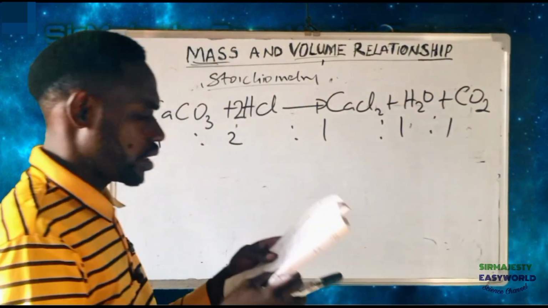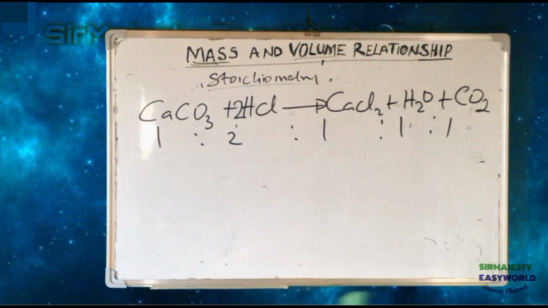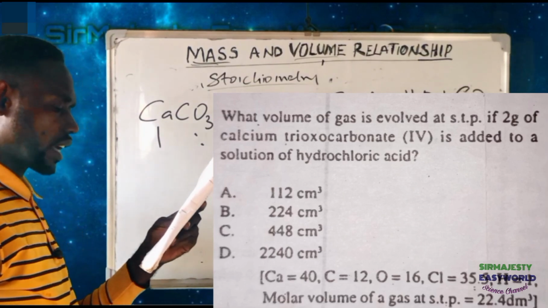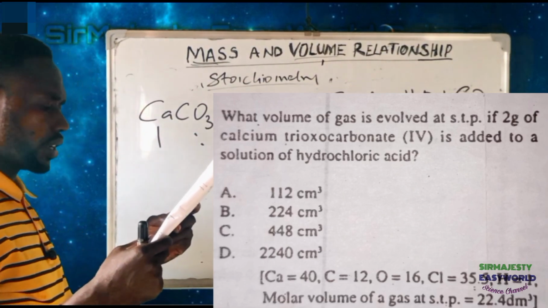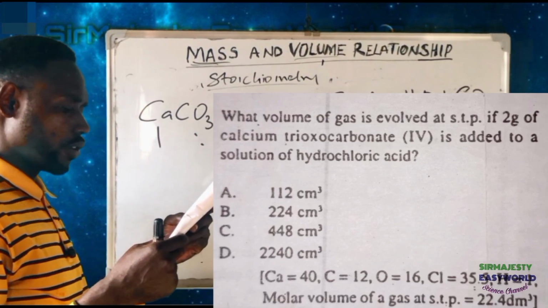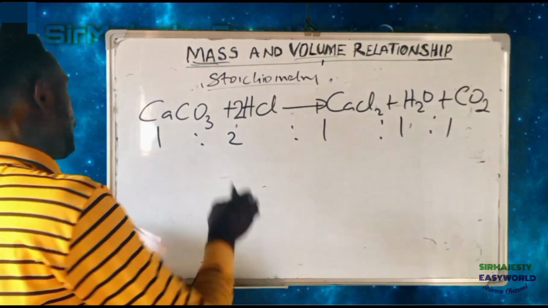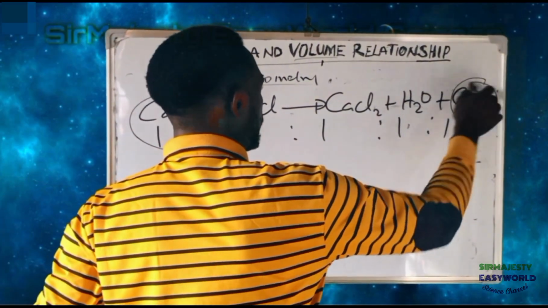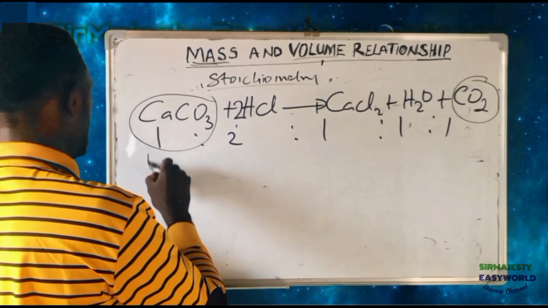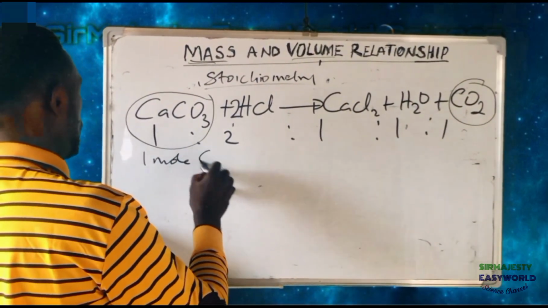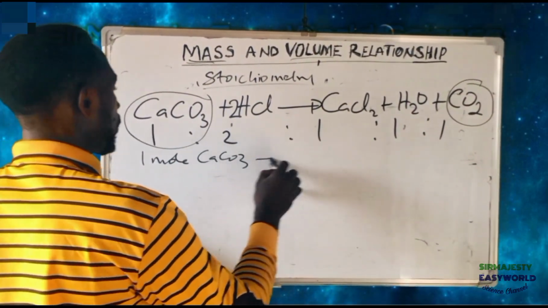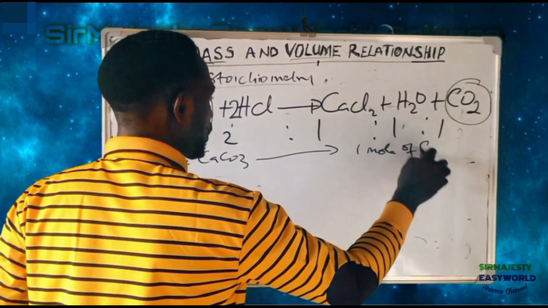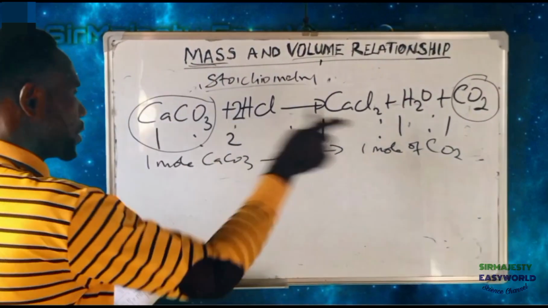They give me calcium carbonate, and I'm calculating for the volume of gas evolved. So I am focused on this is the given and this is the calculated for. So I'm going to bring down 1 mole of CaCO3 will liberate 1 mole of what? CO2.